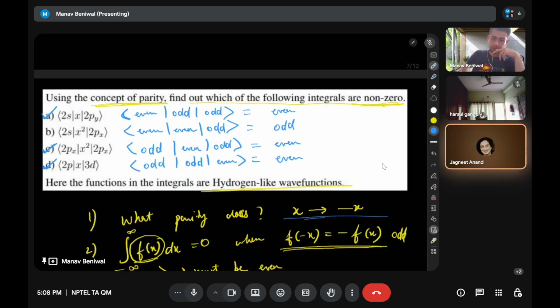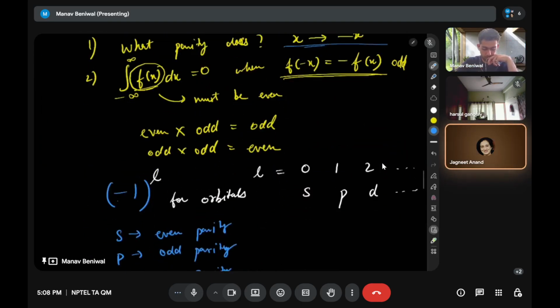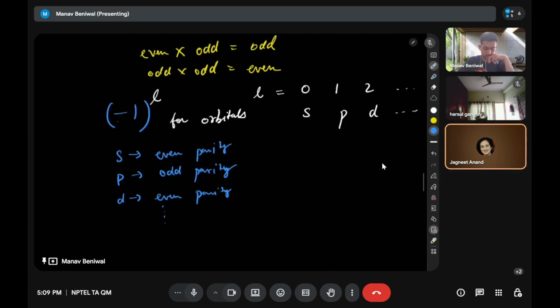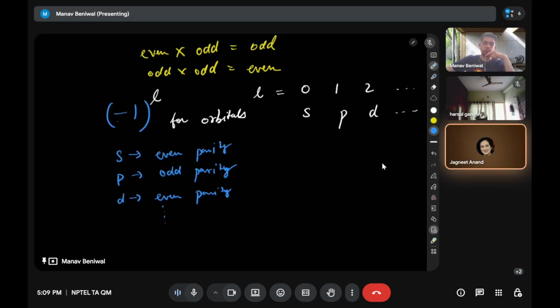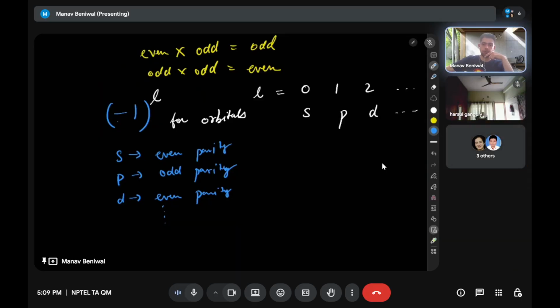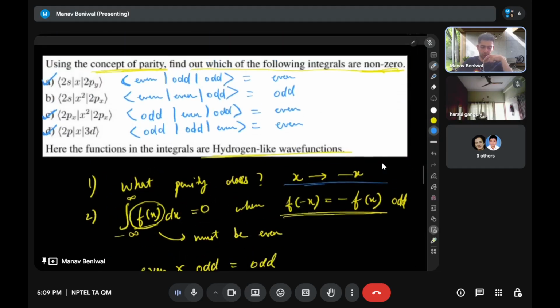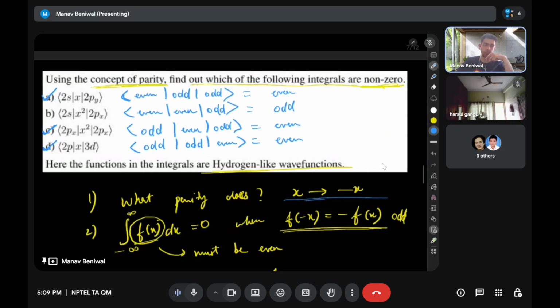Now, can you elaborate on the parity of the orbital? Why is it minus 1 to the power L? Before that, I'd like to quickly mention, because this came up, that they have a dumbbell shape. But notice that those are probability density clouds, where we are taking the mod square. These are not the wave function.